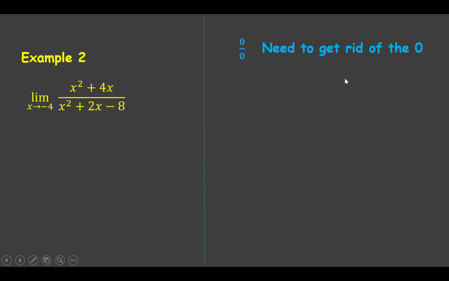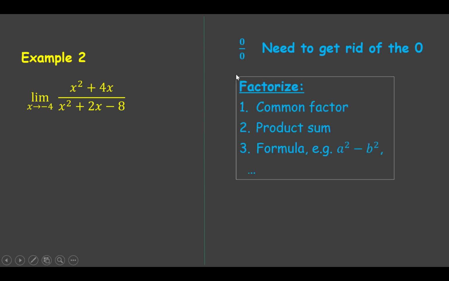All right. So what you can do is simplify the expression and then see if you can cancel out some terms. Once you cancel, it's no longer 0 over 0 type. Basically, you need to use various methods to try to factorize. Let me just list a few of the common techniques.